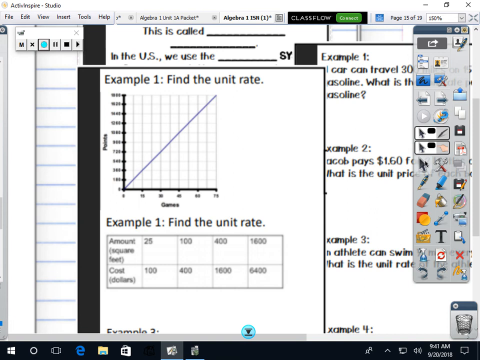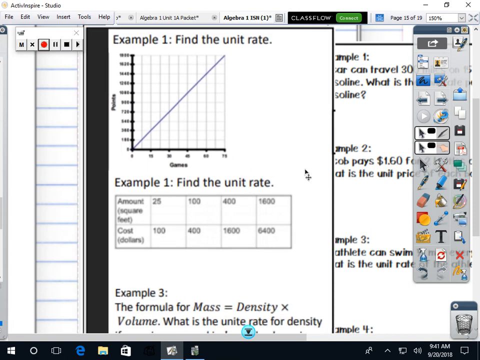All right, example 1 says find the unit rate. Okay, well, to find the unit rate of a linear function, all you need to do is pick 1 point. Now, keep in mind, with a unit rate, we want the denominator to be what? 1. So we need to pick an x value of 1.